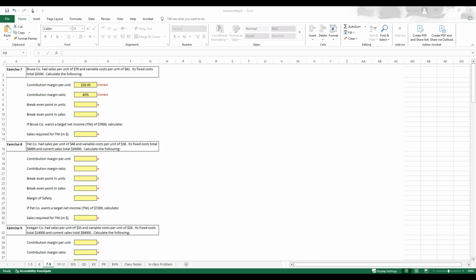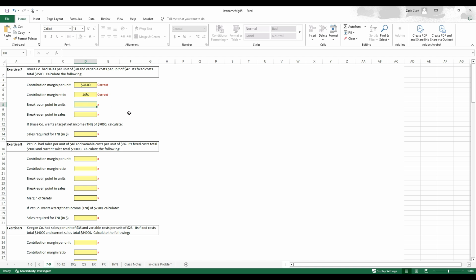Okay, so now we want to calculate our break-even point. And just a reminder, what the break-even point then is going to tell us is at this contribution margin ratio and our total fixed cost of $3,500, how many of these units, if we're doing it in units, do we have to sell before we are able to cover our fixed cost?